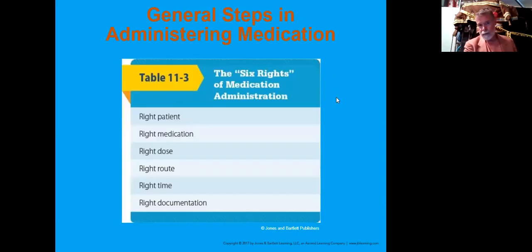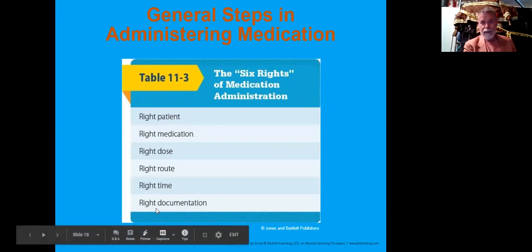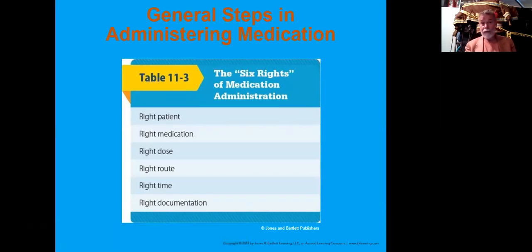The 6 rights, if you are old school, you remember these as the 5 rights, but we need to make that modification, the documentation. Documentation is something that was never thought of as a right before, but it is important because from chapter 1, you should remember, if you never wrote it down, then it obviously didn't happen. So document, document, document.